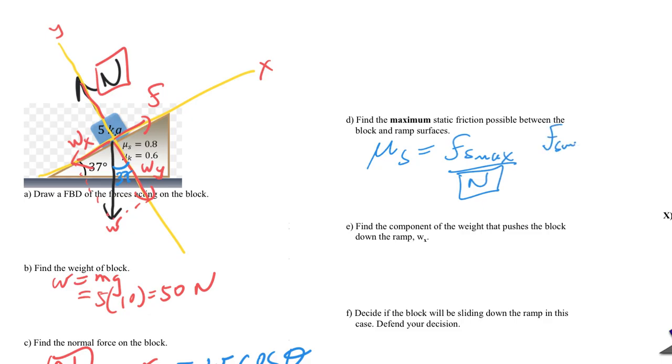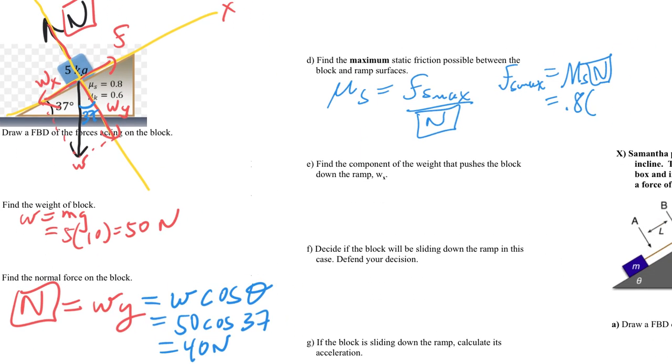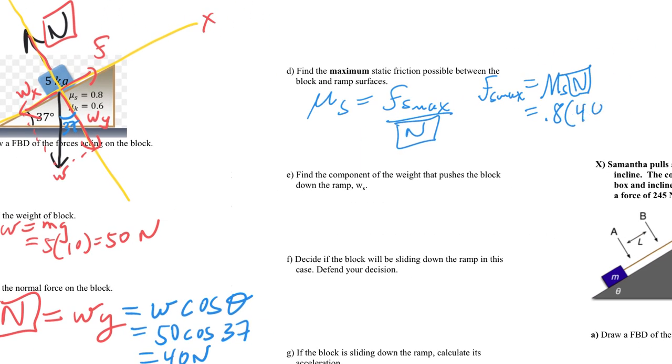So Fs max is equal to mu s times N. So that equals 0.8 times N, normal force, is 40. So that comes out to be 32. 8 times 4 is 32 newtons.